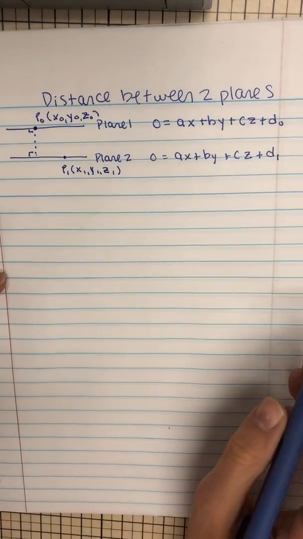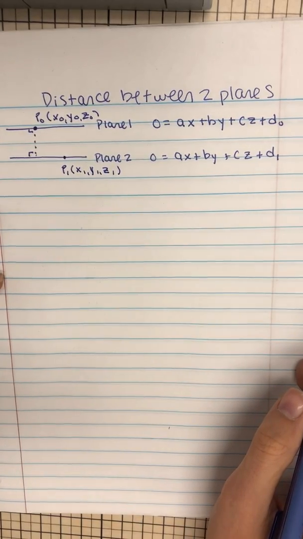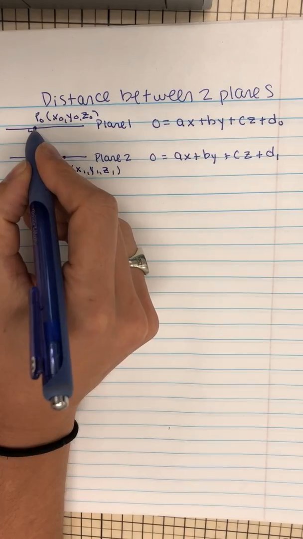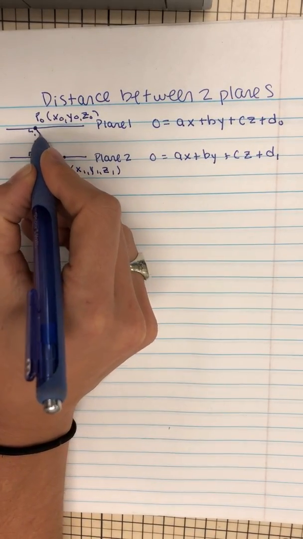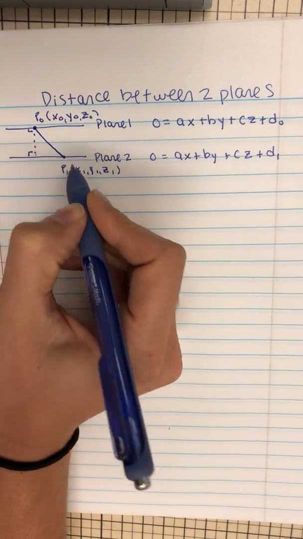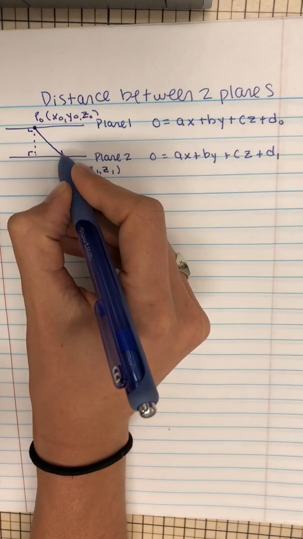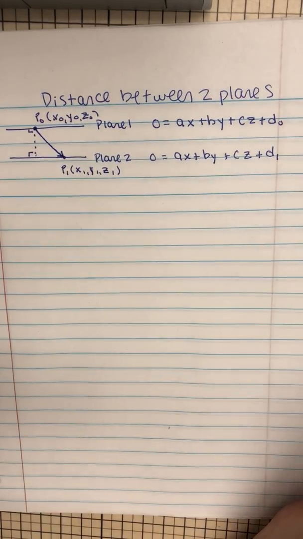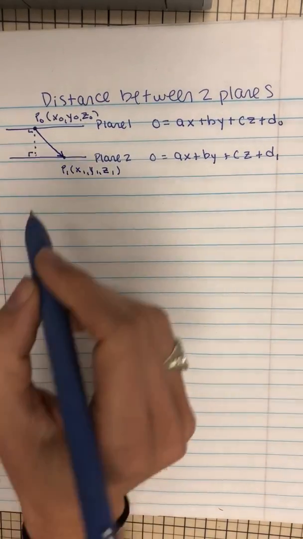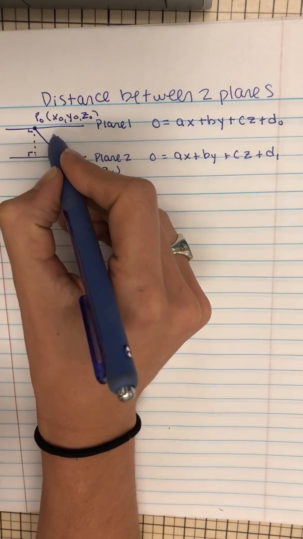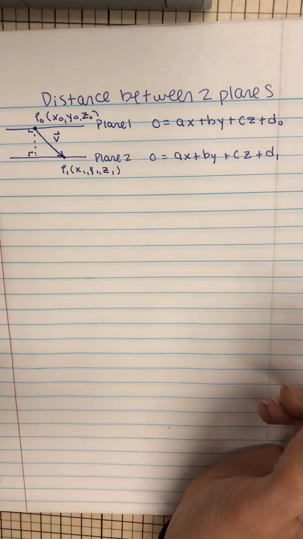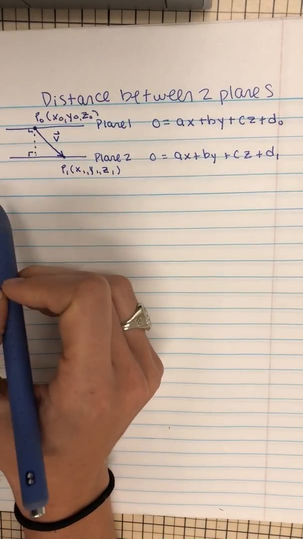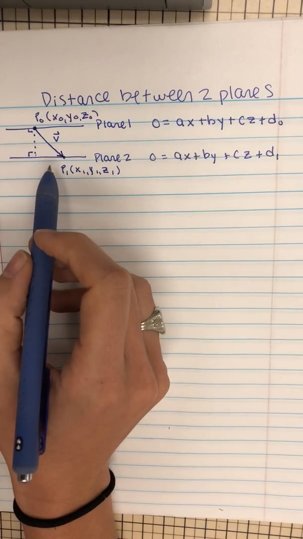Well, I could very much find the distance between these two planes by taking a vector between these two points, let's call it this way for sake, you could do the other way though too, and finding the magnitude of that vector. And I'm going to call that vector V. But that doesn't give me the distance directly between the two planes. So that's not quite right yet.